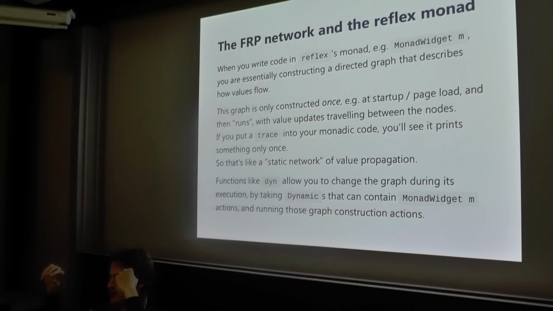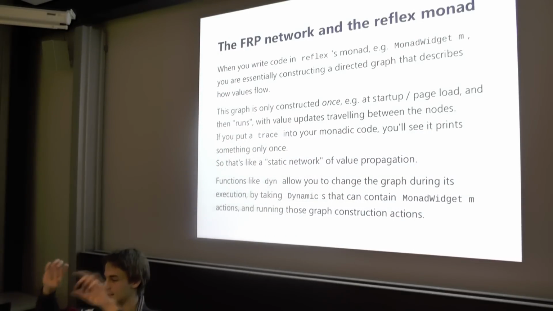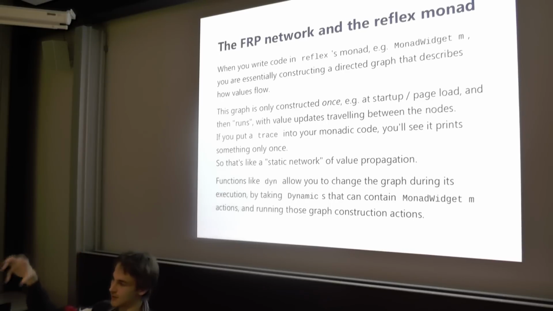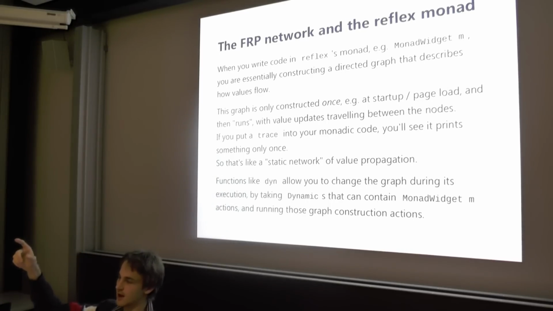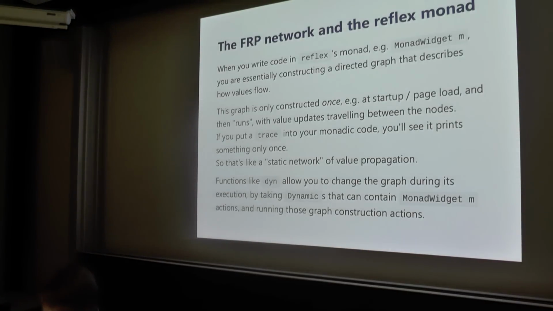But it has a function that you can have a dynamic that contains a rendering function in M. So you have a dynamic T and then inside some M, and with dyn you can say, when this dynamic that contains a rendering function changes, then run this M that is inside and change this part of the graph at runtime. And that is what we will look at now in this last step.